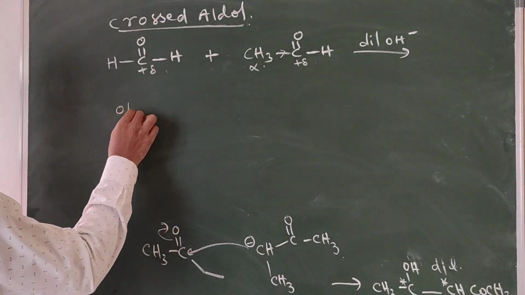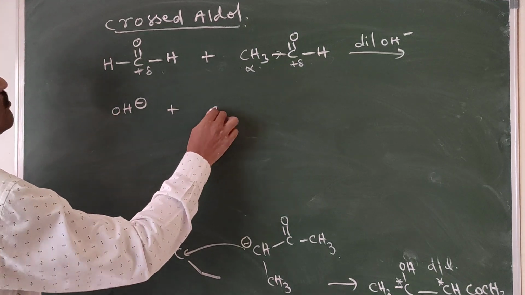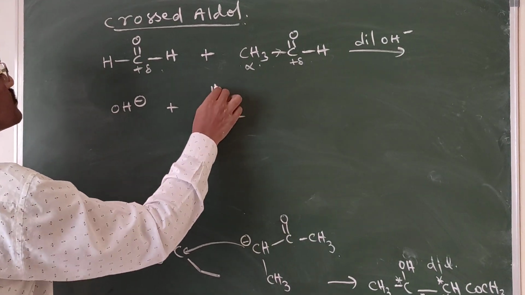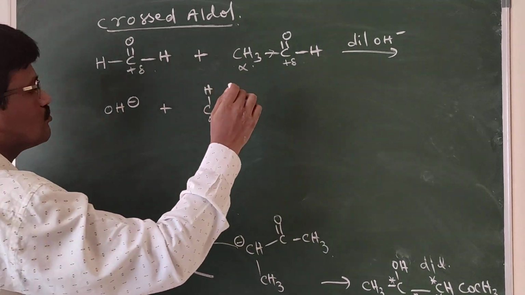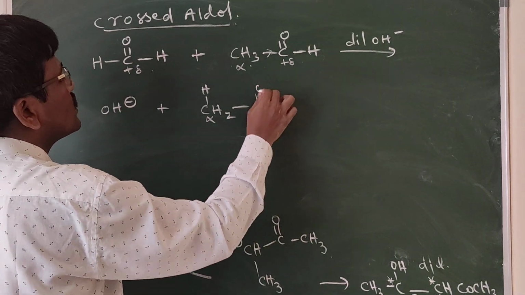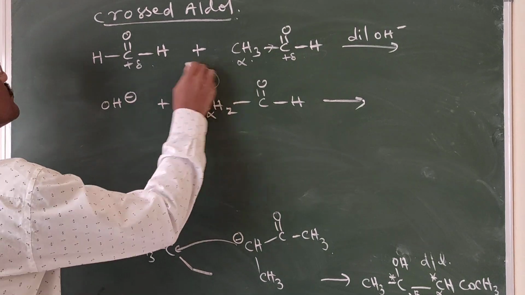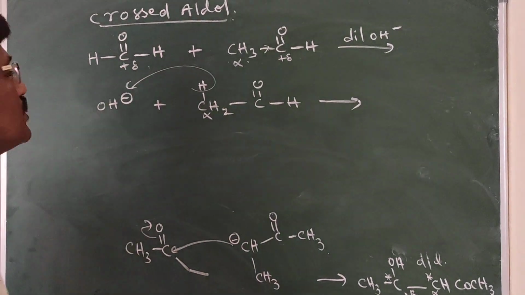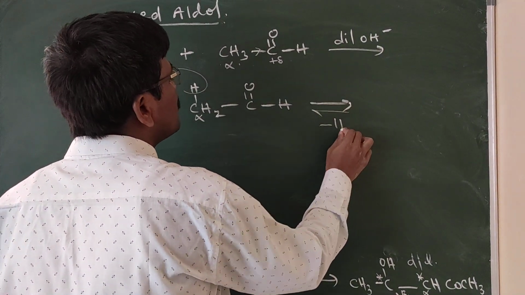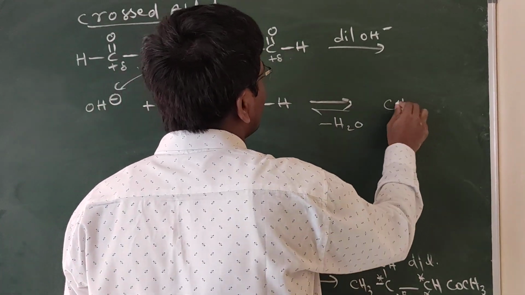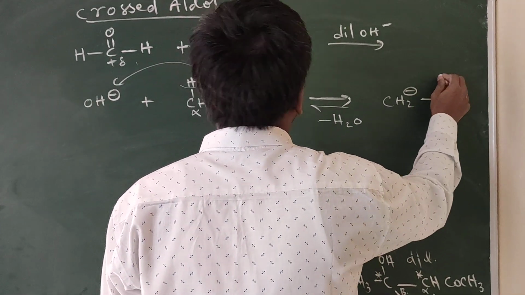So in this reaction, the base abstracts the proton from the alpha carbon of the less reactive aldehyde. Here a water molecule is lost, and we get a carbanion like this.